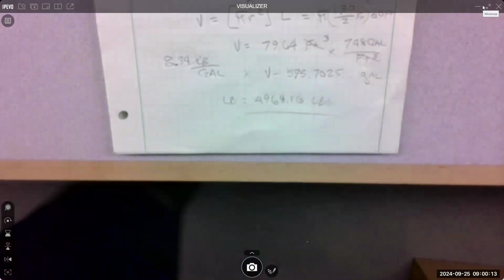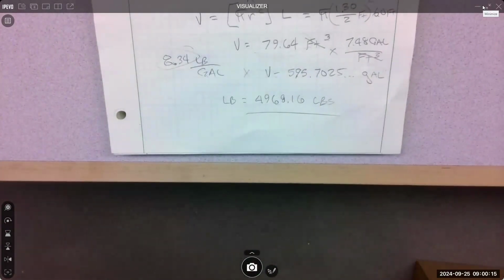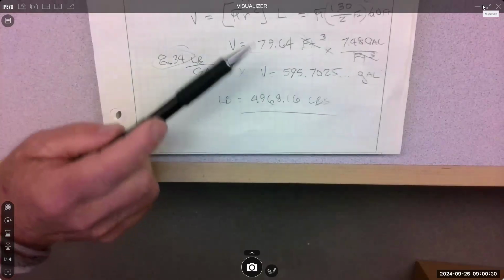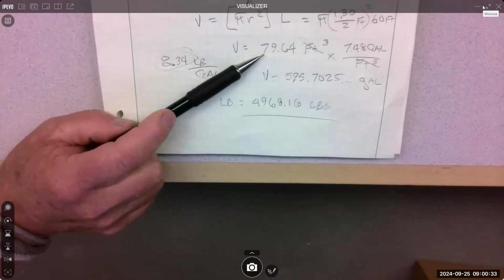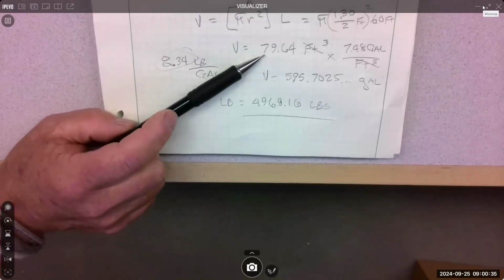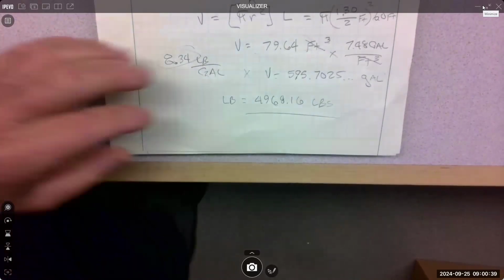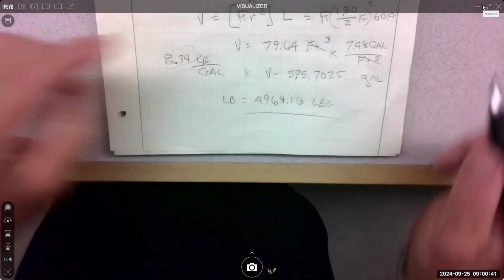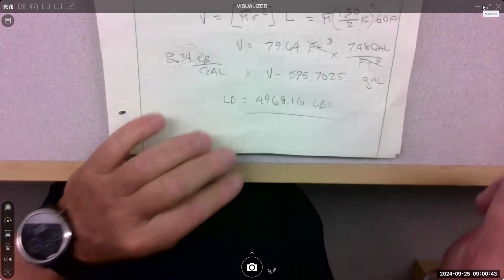How much mass is in our volume of liquid? 154.3569 slugs. How'd we get that? Divided by 32. It should get smaller, shouldn't it? What was the number you gave? Oh yeah, you do want to base it on the pounds. Perfect.